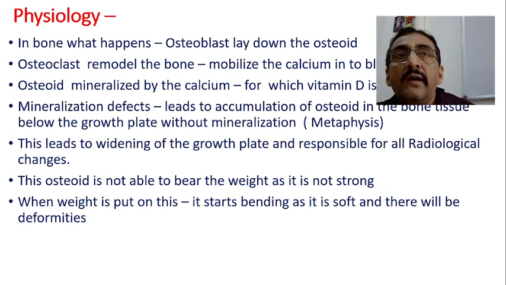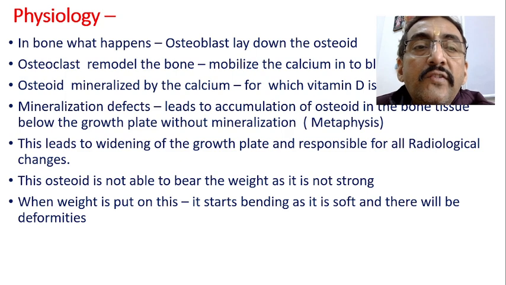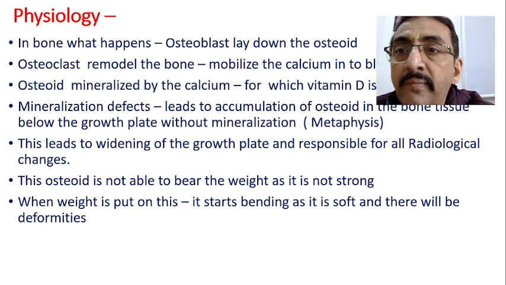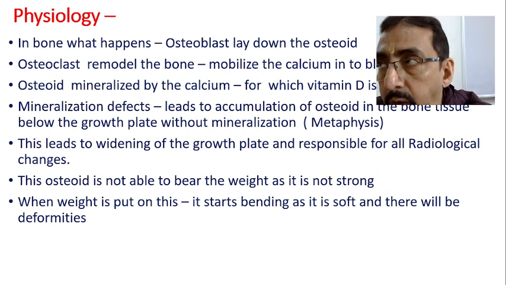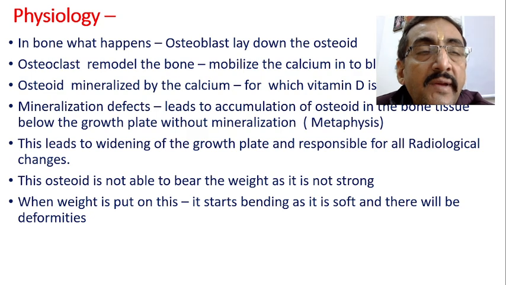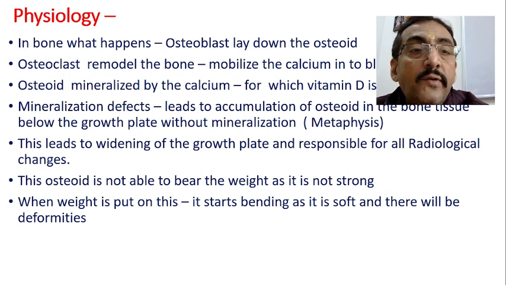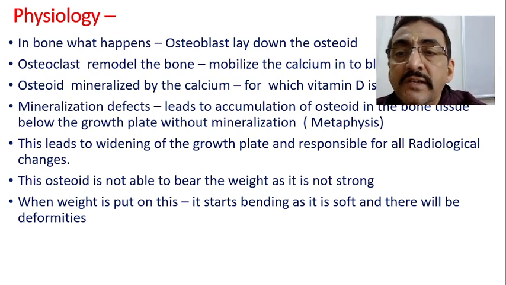Now talking about the physiology, in the bone what actually happens is osteoblasts lay down the osteoid. Osteoclasts remodel the bone and mobilize the calcium into the blood. Osteoid is mineralized by calcium, for which vitamin D is very important.